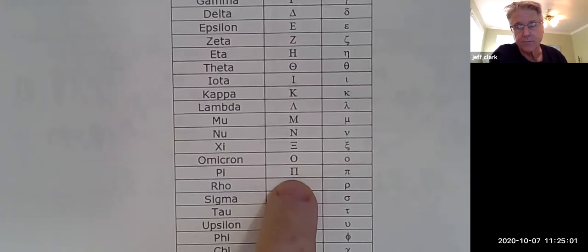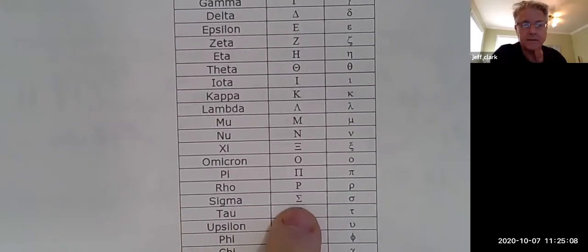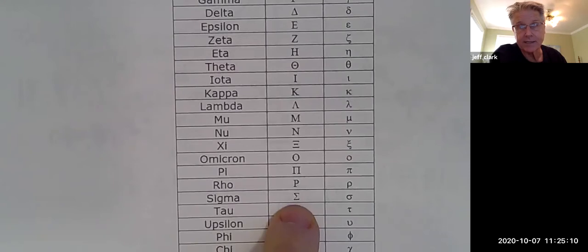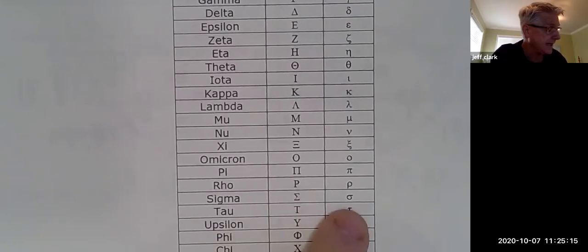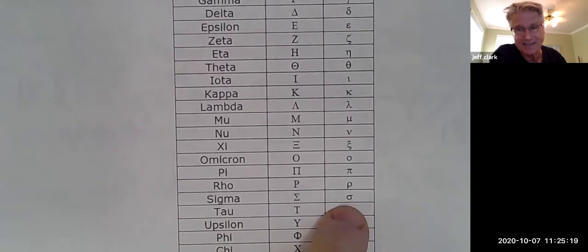So if you move on to the calculus sequence, you'll see pi. Some other letters too, like this one here, uppercase sigma, that's summation notation. And the lowercase sigma is used in statistics and it means something.